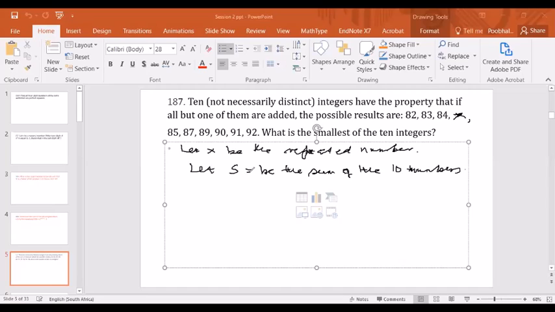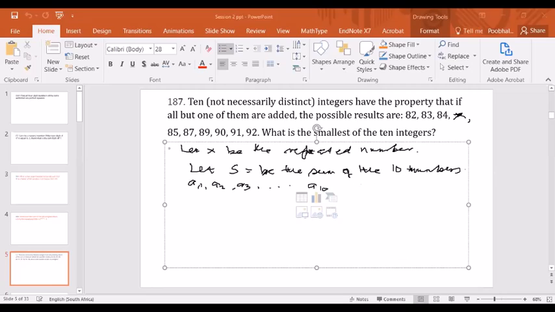All right, so let's give a name to this. We'll call these numbers A1, A2, A3, and so on, up to A10. This is the original set of 10 numbers. And so this 85 is really the sum of all these numbers except one.